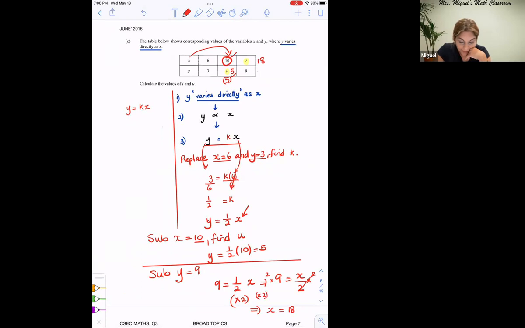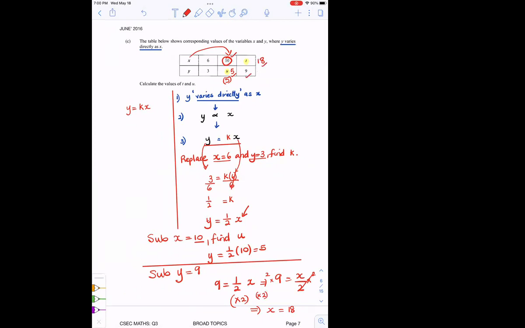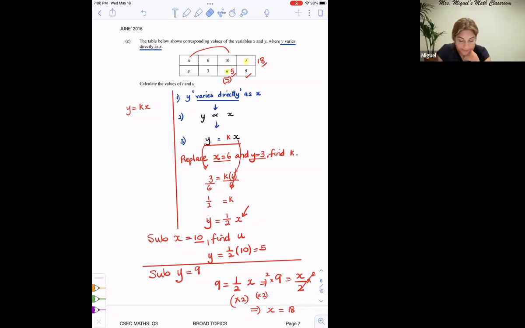And isn't a half of 18 9? Yeah. Right. So that is another way of doing it, right? You could see the relationship. A half of 6 is 3. So a half of 10 is 5. And a half of 18 is 9.